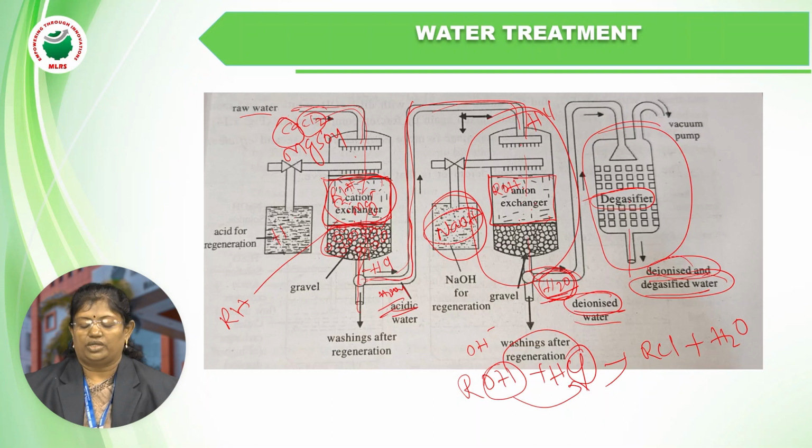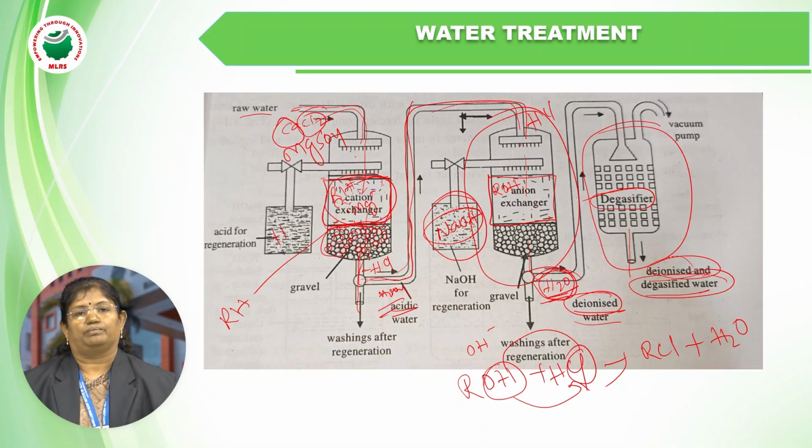That condition is called anion exchanger exhaustion. So both exchangers can be exhausted after continuously doing the process, and they need regeneration. Means the exhausted resin can be reused by means of regeneration. The process is called regeneration of the exchanger.